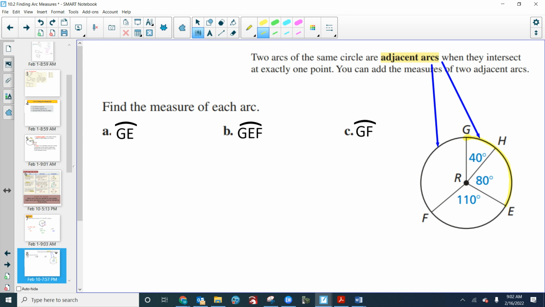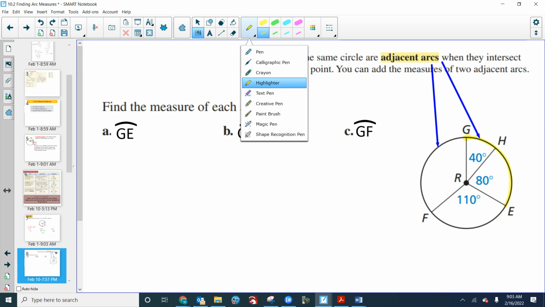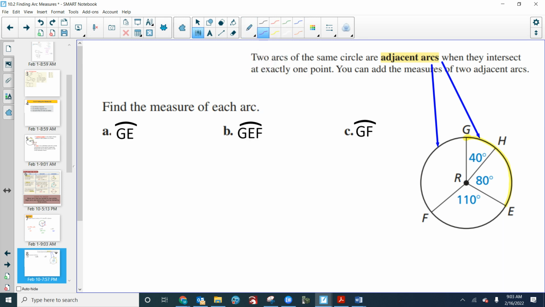It's the same arc, it's just more specific. You understand that? GE is the same as GHE. It's going the same direction. All right, GE is an arc, but good news, if these angles are 40 and 80, what's the arc? 120 degrees.